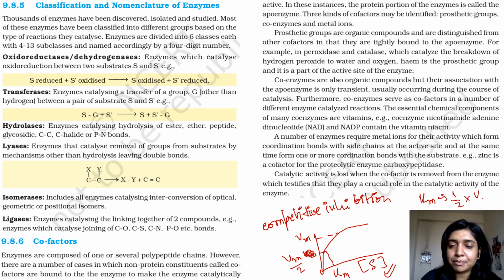maximum velocity. So in your competitive inhibition, what happens is that if you increase the amount of substrate, eventually you will reach the same Vmax after increasing the substrate quite a lot, right?